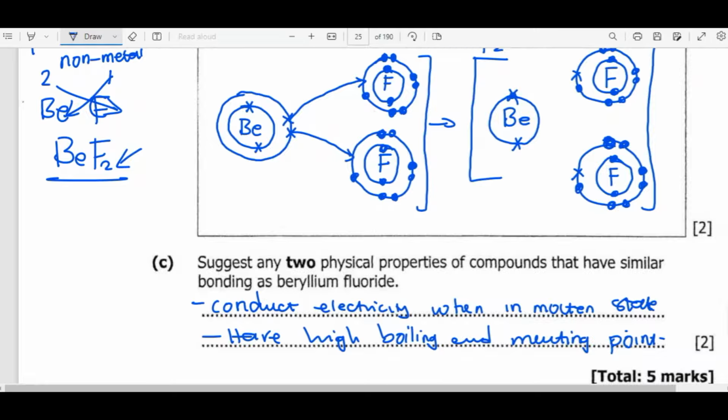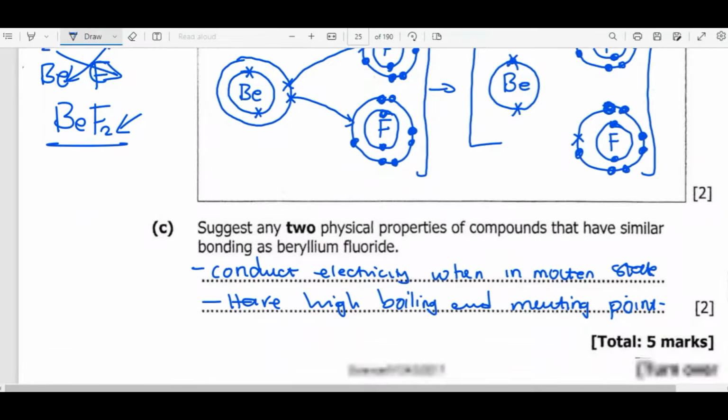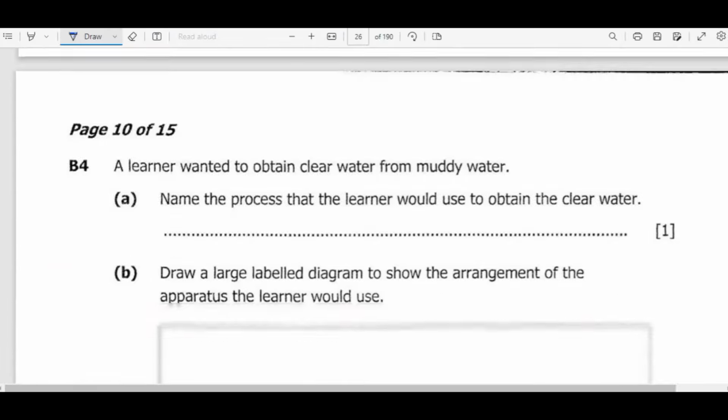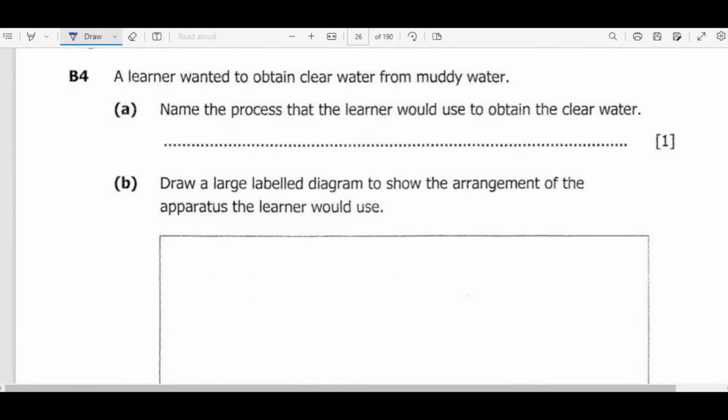Right, so this is what we can give, though there are so many properties, so it depends on the ones that you'll be able to remember. Okay, we move on to question 4.